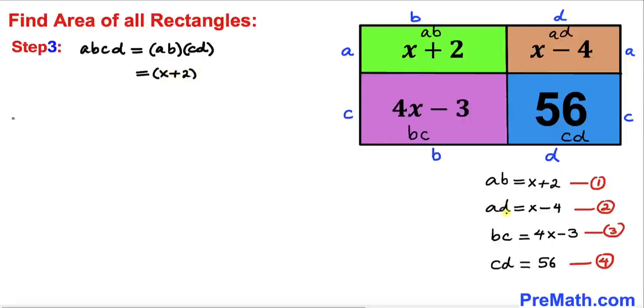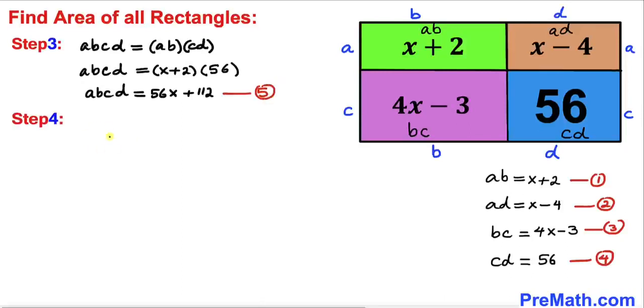And our CD value is 56 from equation 4. Let me write down times 56. So let's distribute them. Therefore, our ABCD value turns out to be 56x plus 112. Let me call this our equation number 5.